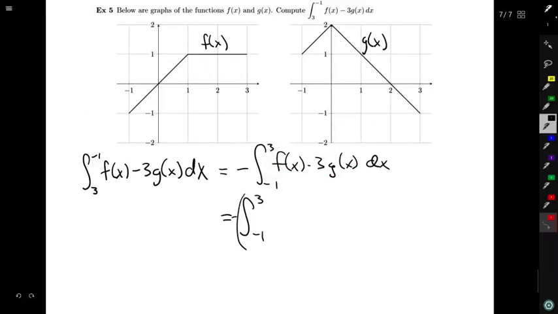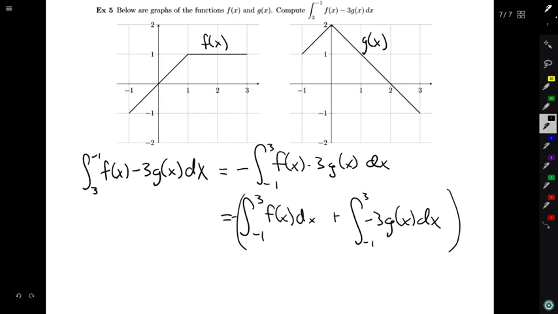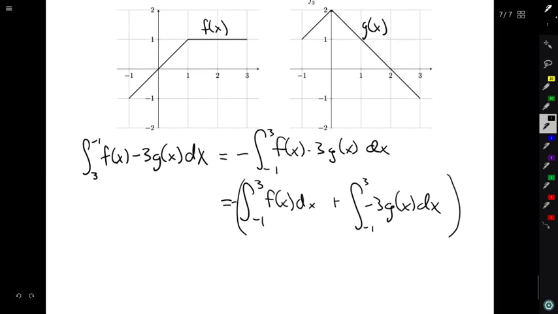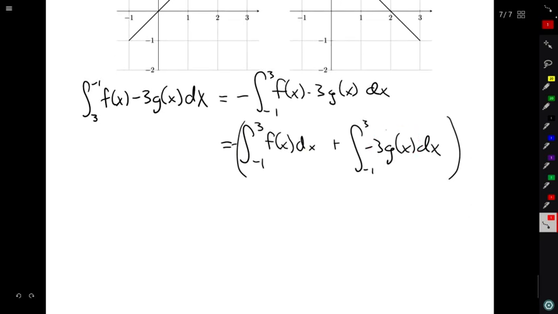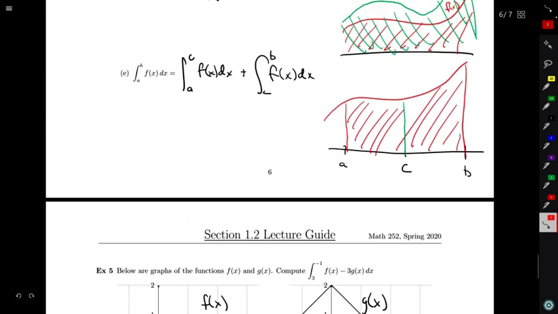That means that I can integrate f and integrate minus 3g from, again, minus 1 to 3. All right, so the integral of f, that's something that we can do right now, though maybe we'll save that for later. Integral of minus 3g, we're close to being able to do.